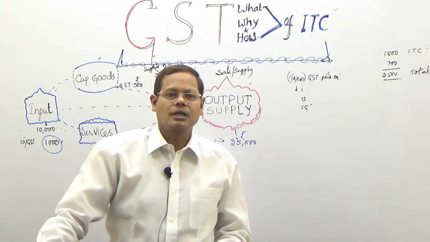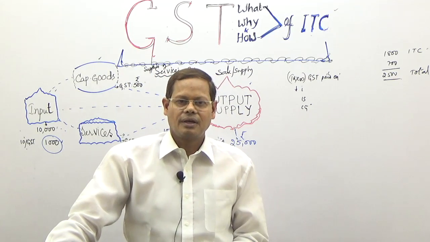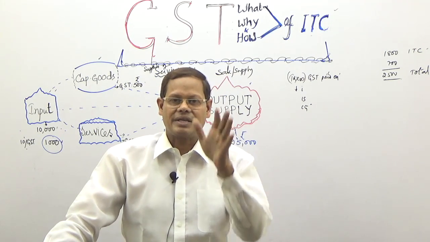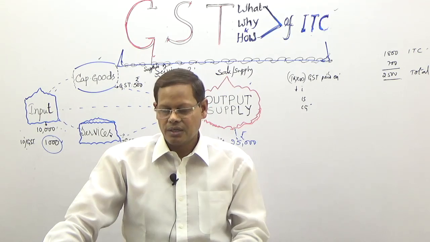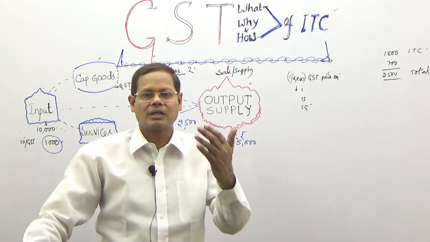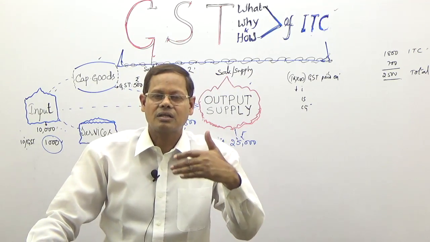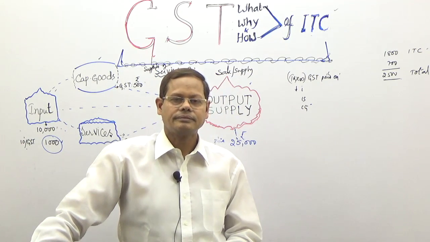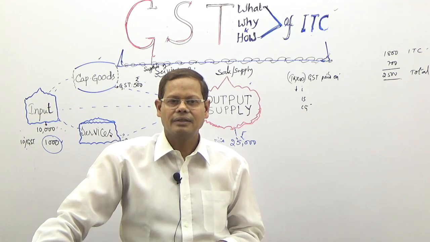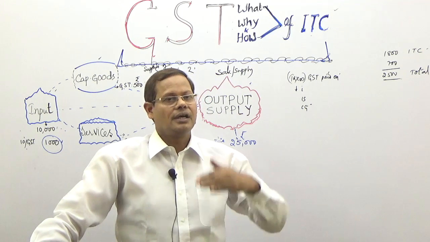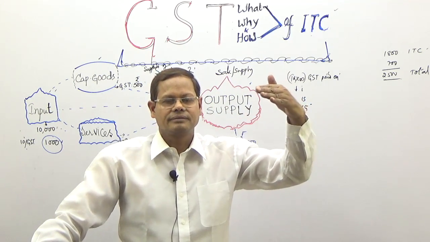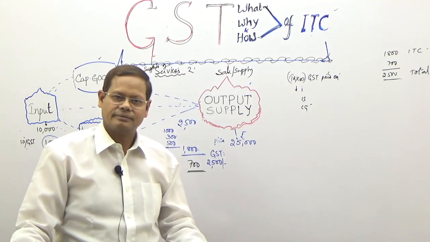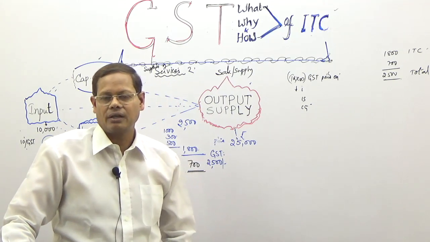Because to remove cascading effect, to make the goods and services reasonably priced, otherwise inflated. When you remove that cascading effect, the prices are not unduly inflated. They are priced reasonably. Okay? But this is a multi-point tax. Every time there is a supply, there is a tax, but the tax is only on the value addition. That way government is also gaining, not losing much.